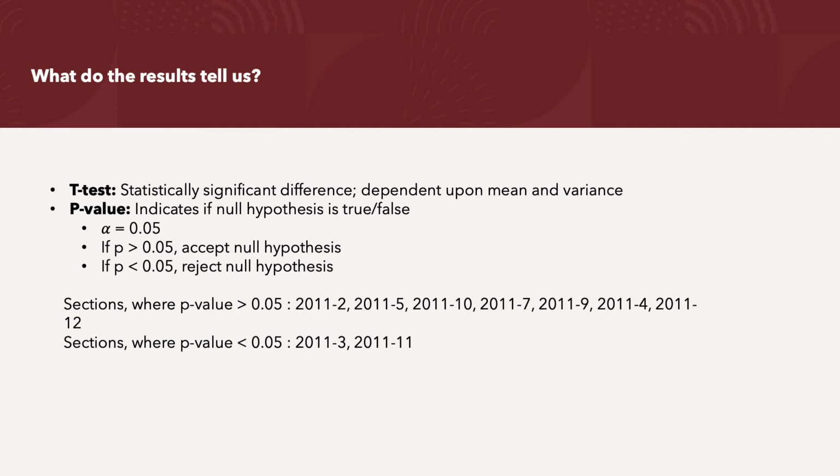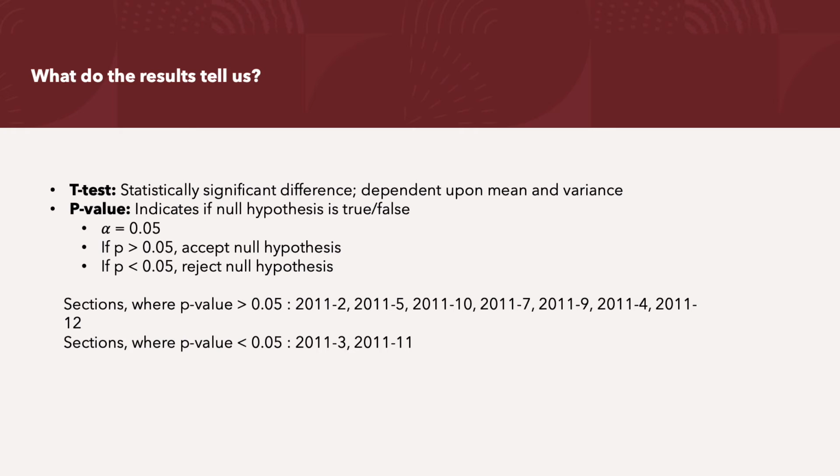The t-test indicates if there is a statistically significant difference. If the p-value is below alpha, which in this case was 0.05, the null hypothesis is rejected, and therefore there are significant differences in the data that would suggest the observed differences were not due to random chance.